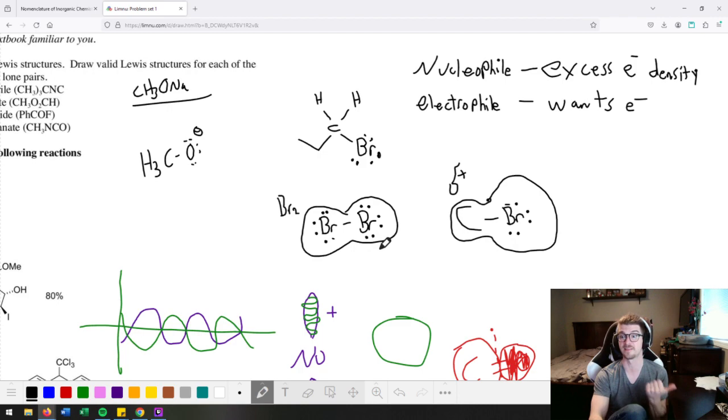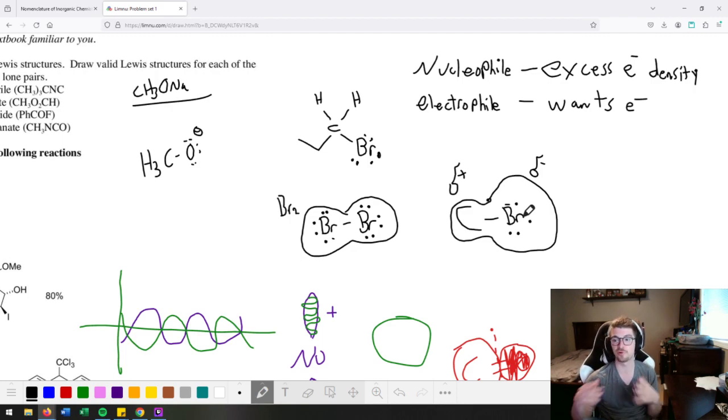Or the chemistry way of saying that is that this bond is polarized towards bromine. So a polar bond is one that has different regions of electron density. So this one has a slightly positive charge on the carbon, and a slightly negative charge on the bromine because they're pulling on the electrons around them with different strengths.